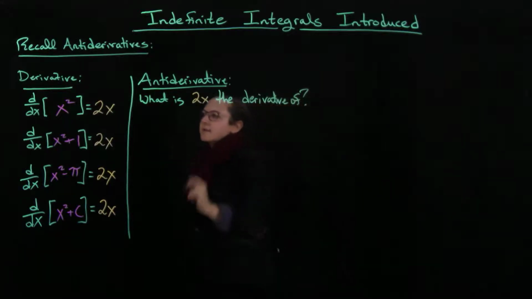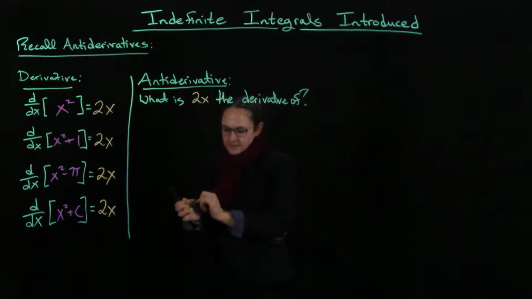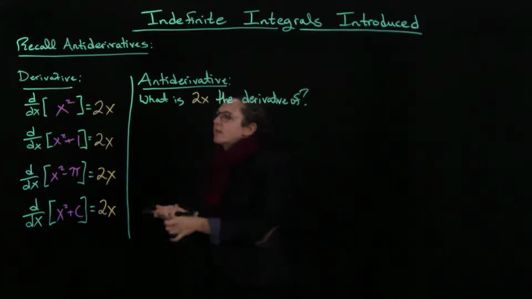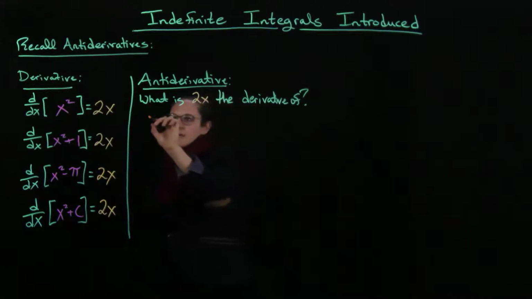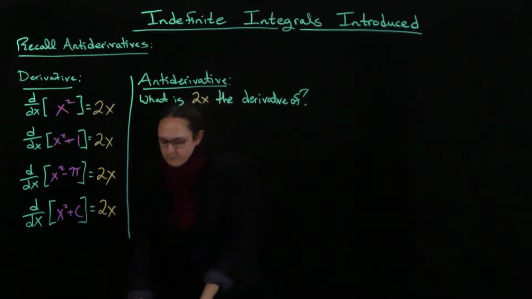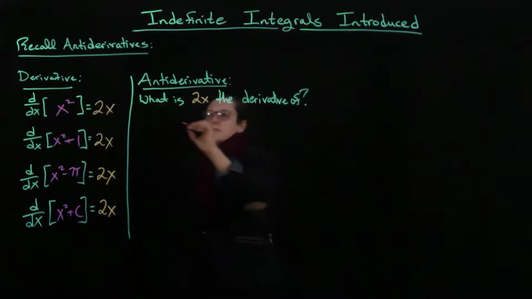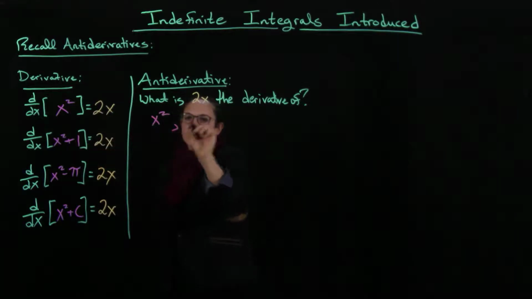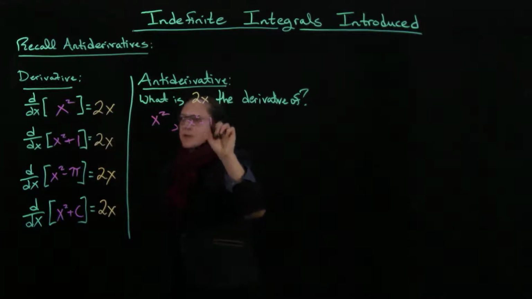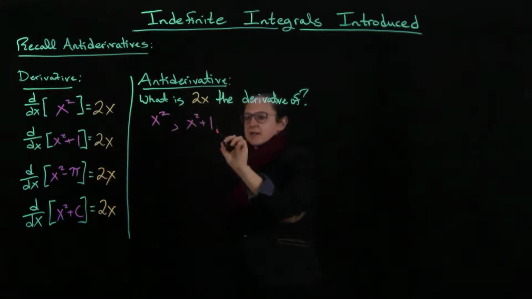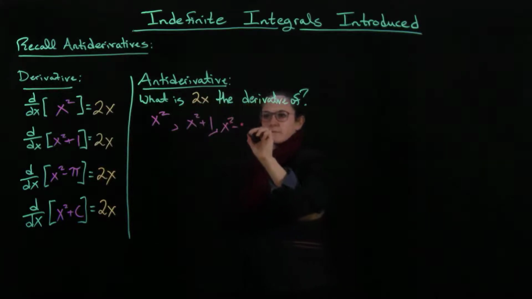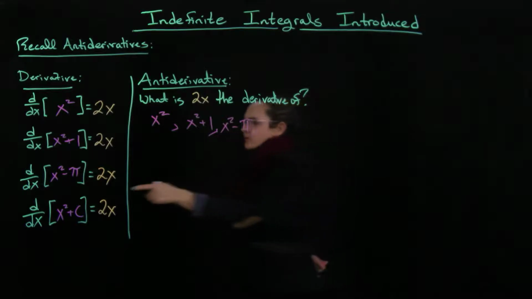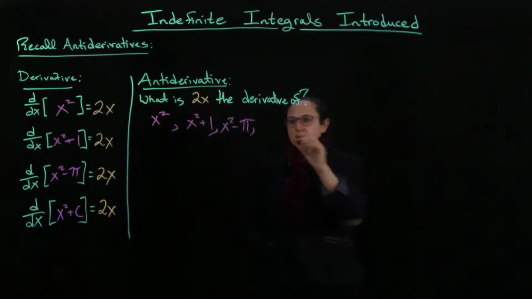Well, there's lots of answers, right? We saw over here, it's a derivative of x squared. It's the derivative of x squared. It's also the derivative of x squared plus 1. It's also the derivative of x squared minus pi. And it's also the derivative of x squared plus c for any constant c.